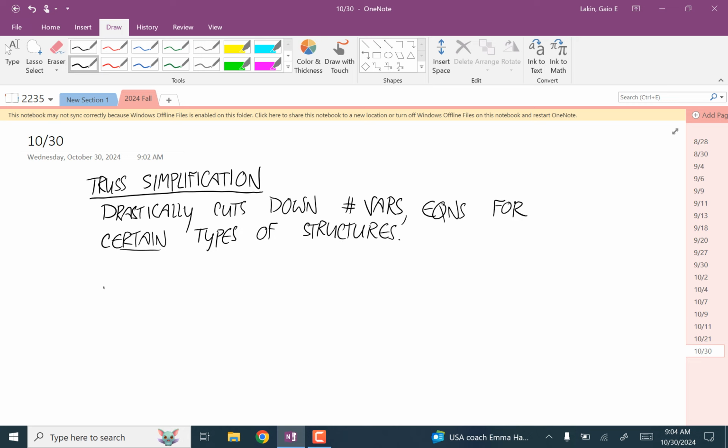And the key concept for understanding this truss simplification is two force bodies.